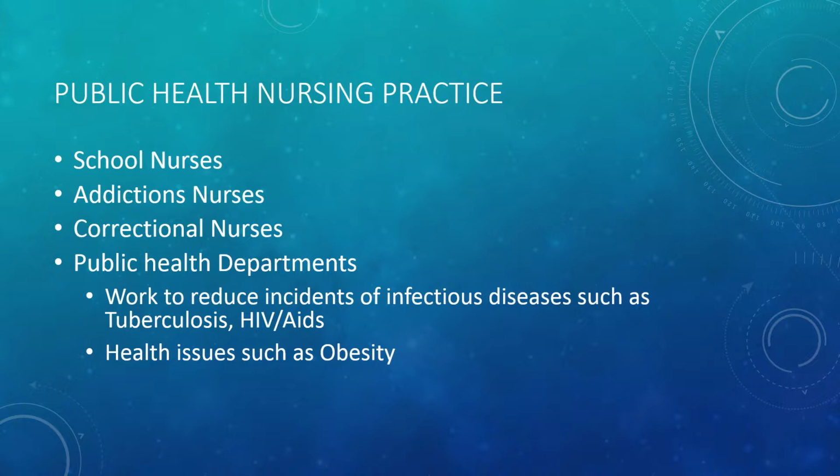They can work to reduce the incidence of infectious diseases such as TB, HIV, AIDS, and health issues such as obesity. But again, if you think of PP, public population, community-based is communities. Some examples again: school nurses, addictions nurses, nurses that work in public health departments. Those are all examples.